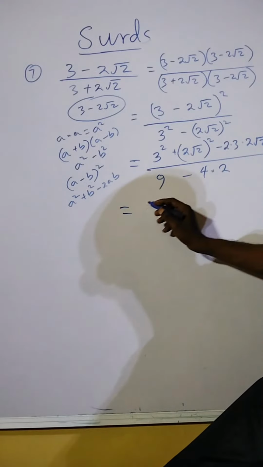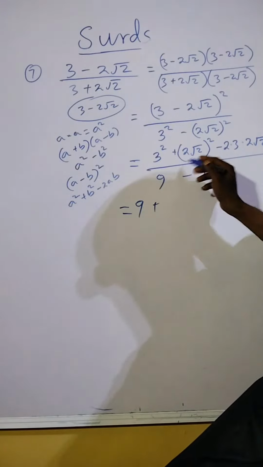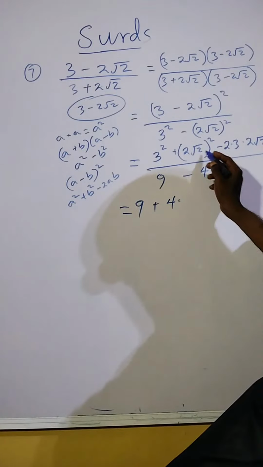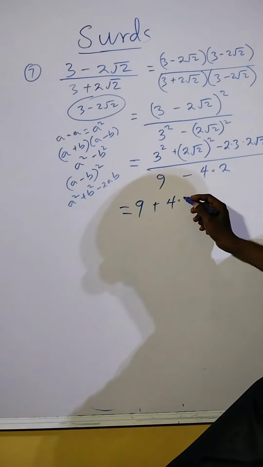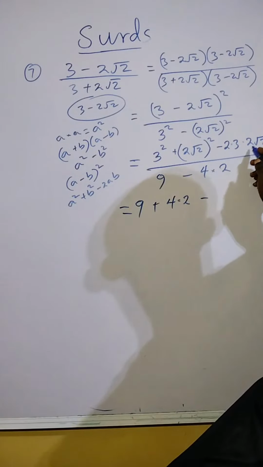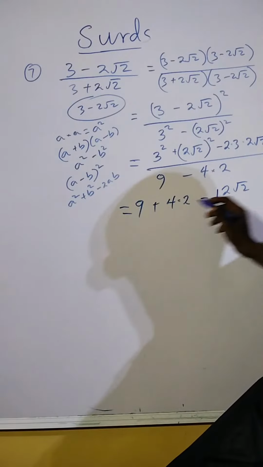Then here 3 squared is 9, plus also the squared affects 2, that's 4, times root 2 squared, that's 2, then minus 2 times 3, 6 times 2, that's 12, then root 2.